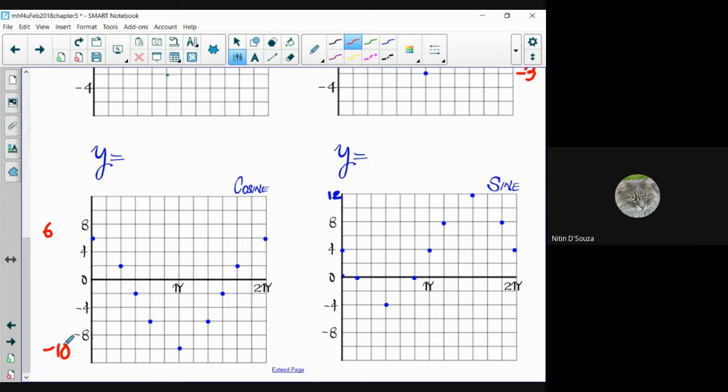Okay? 6 minus minus 10 is 16. 16 divided by 2, 8. My cosine is not reflected. It's in the same natural position. But instead of my midline being at 0, my midline is at minus 2.